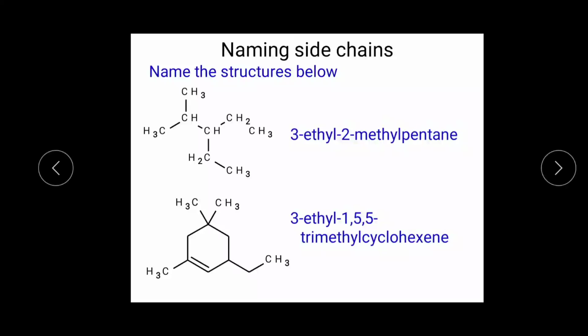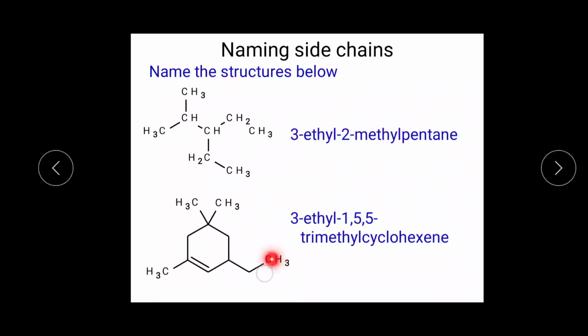For these side chains, we have 1 methyl, 2 methyl, and 3 methyl. Since there are 3 methyl, this will be a trimethyl. Tri, to indicate that there are 3 methyl attached on this structure.